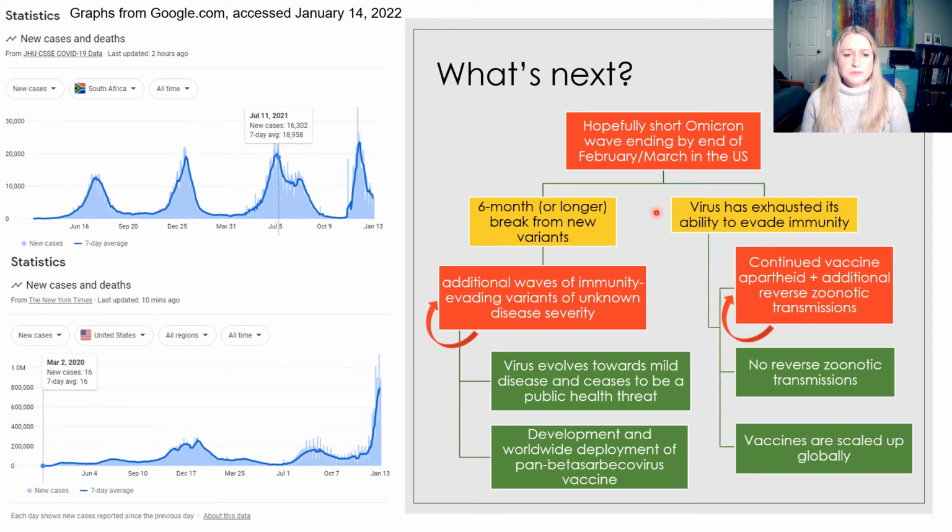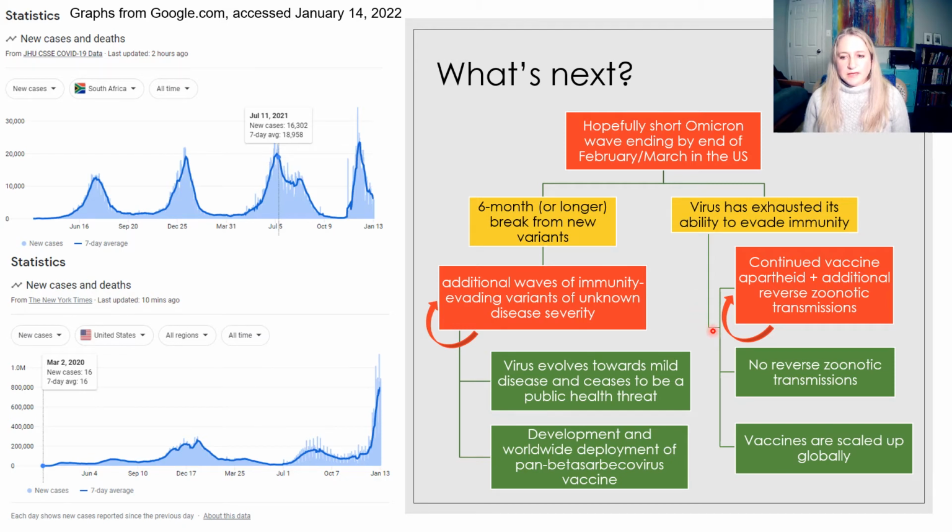So it's possible that with Omicron, the virus has actually exhausted its ability to generate new mutations to evade immunity. That would be a very nice outcome. So what comes next really depends on a couple of things.